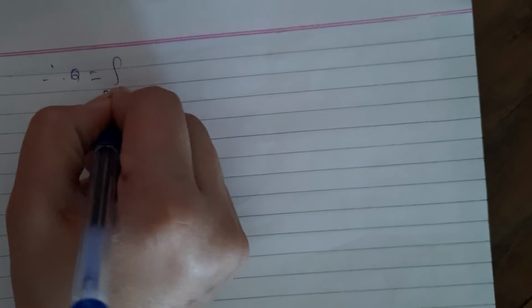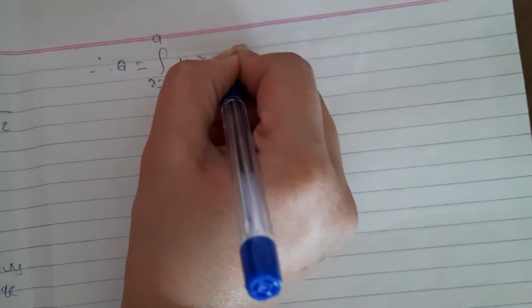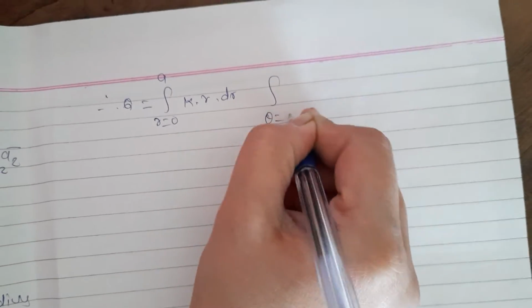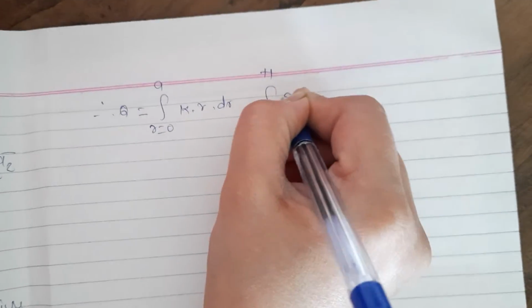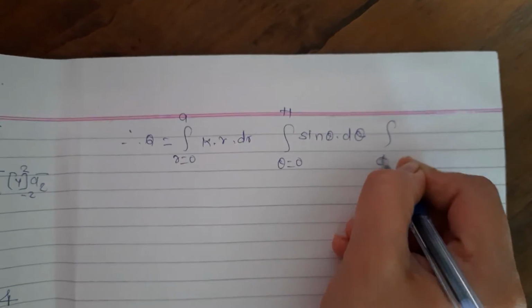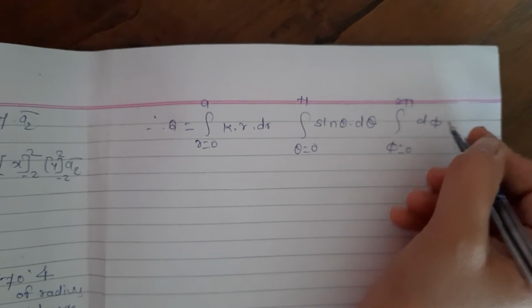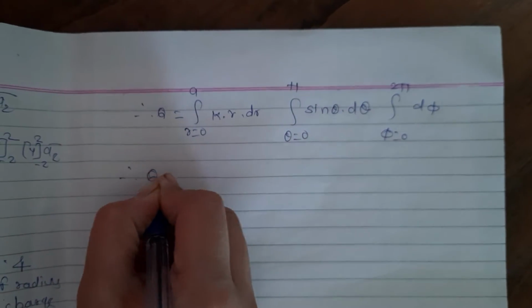Therefore Q is equal to the integral, r goes from 0 to a, k r dr, theta 0 to pi, sin theta d theta, and phi is 0 to 2 pi d phi. So we take the integration.